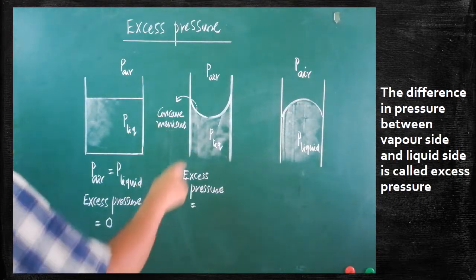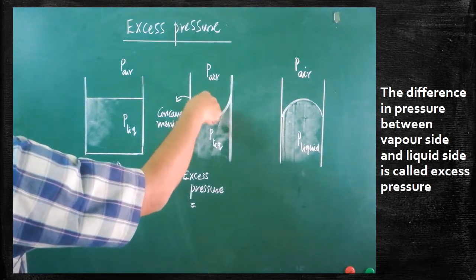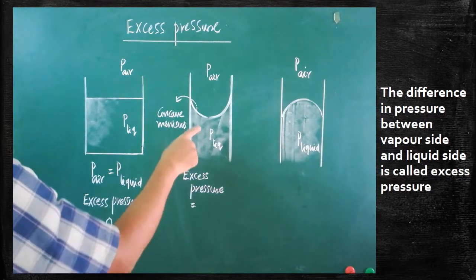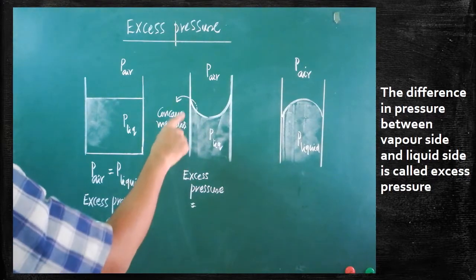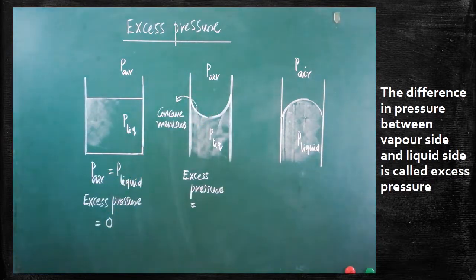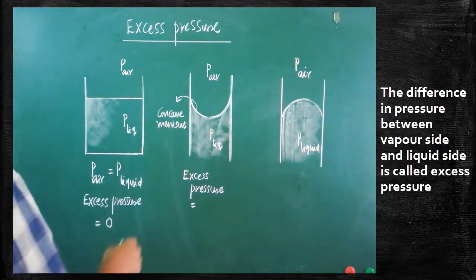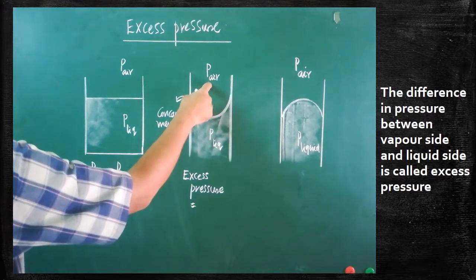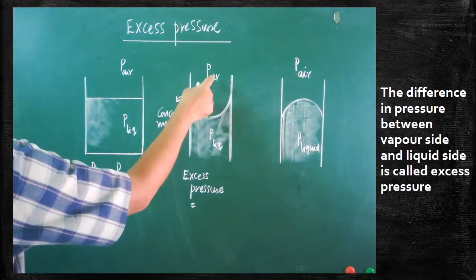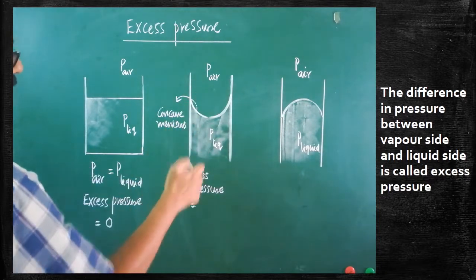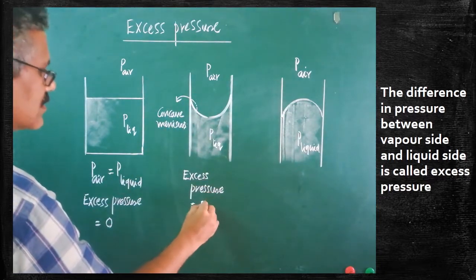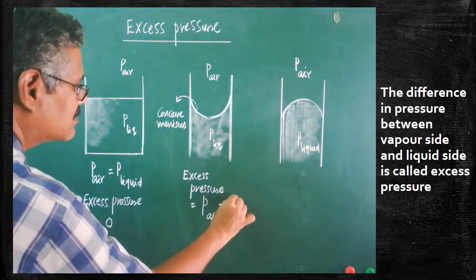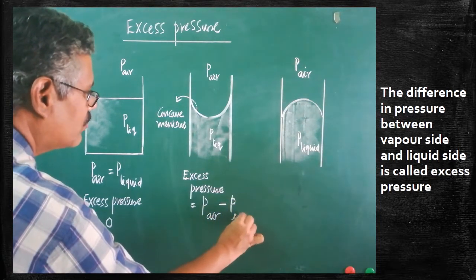Are you clear? The excess pressure acts on the concave side. Always the excess pressure will be greater on which side? The concave side. The pressure is more on the concave side. So here on the concave side, which medium is there? Air medium is there. That one applies more pressure than the liquid. Therefore, how to calculate the excess pressure? Pressure due to air minus pressure due to liquid must be calculated.